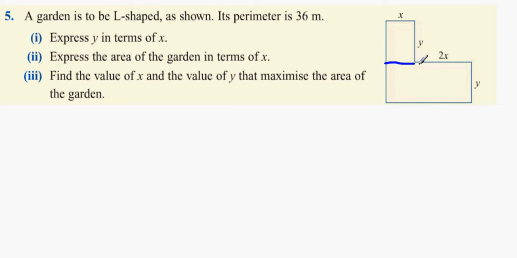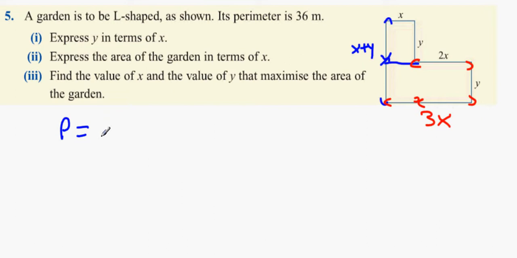What we're going to do is get the perimeter of this. So perimeter equals, we're going to add this together. This is going to be x, y. This side here is going to be x plus y because it's x from here to here and y from here to here. And then it's x from here to here, and then 2x from here to here, so this other side is going to be 3x.